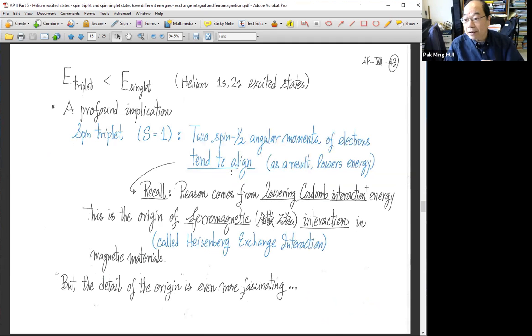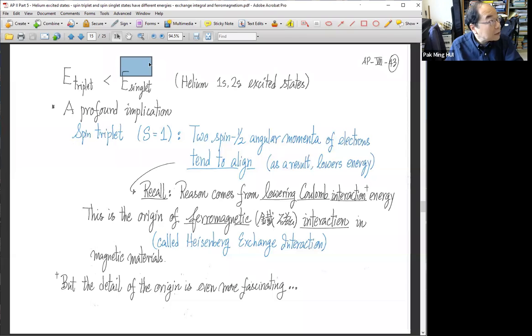So let's go to the heart of our discussion, the first important physical point today. We argue that this should be the case, and we will see in the following pages that it is a very important piece of physics. At the end, what this says is that S equals 1 in this case has a lower energy than S equals 0.